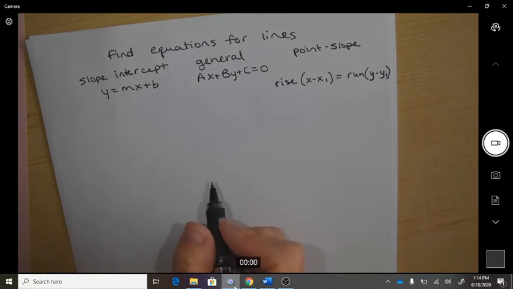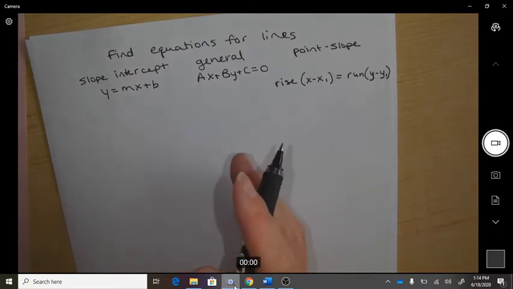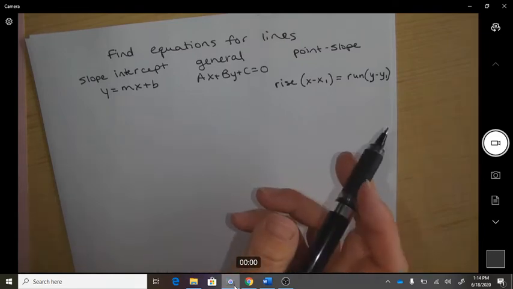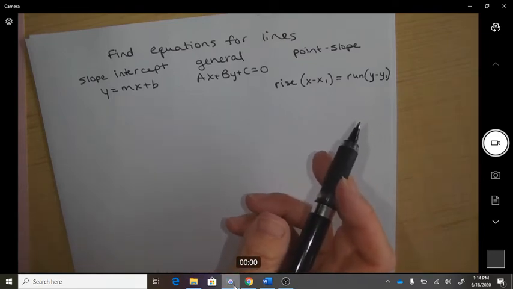Okay, so you'll notice that when we do equations, you always have to leave the x and y open because you will fill in infinite many points on your line.